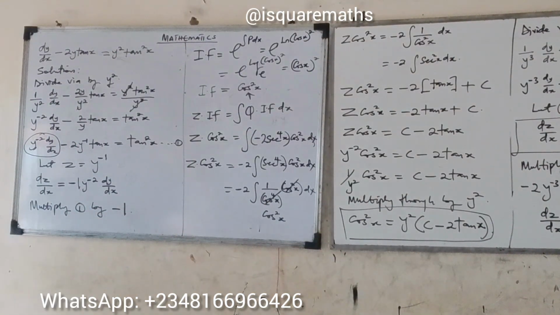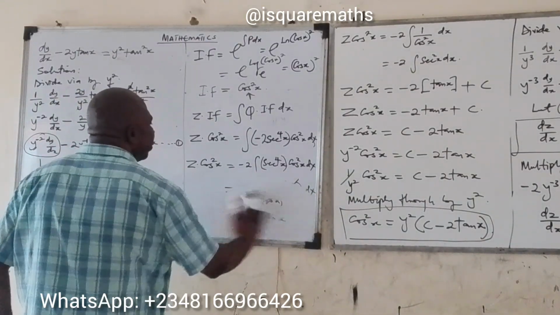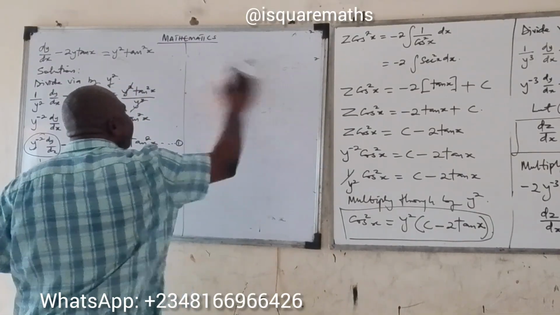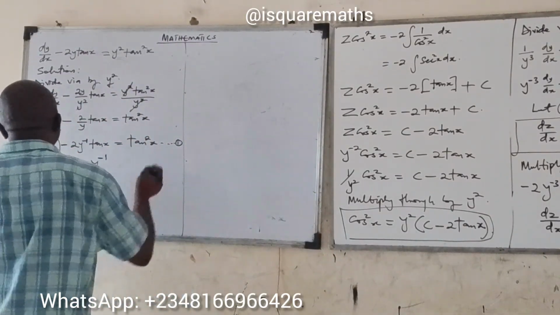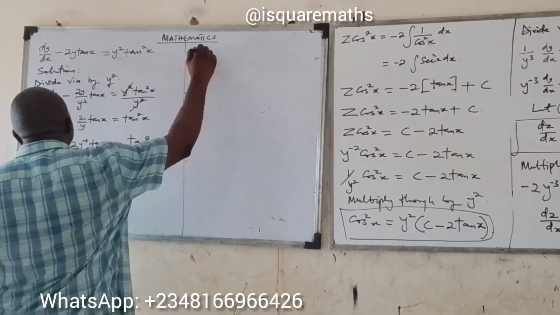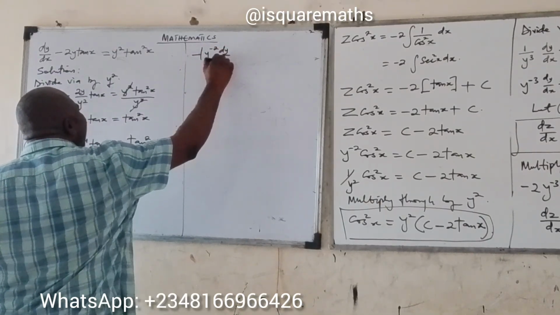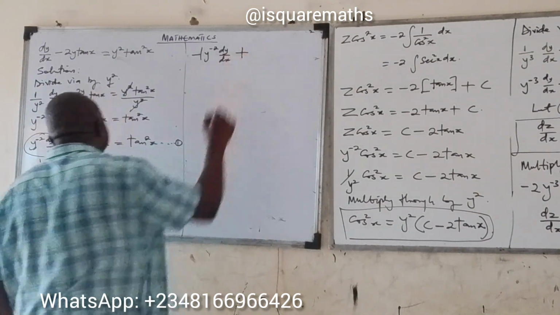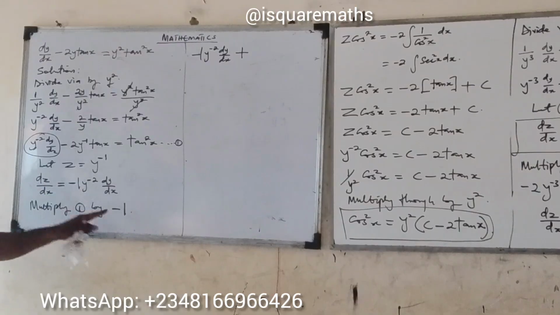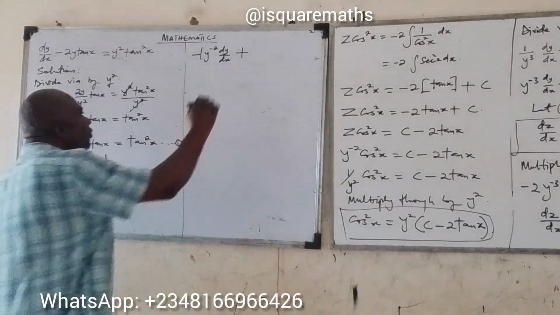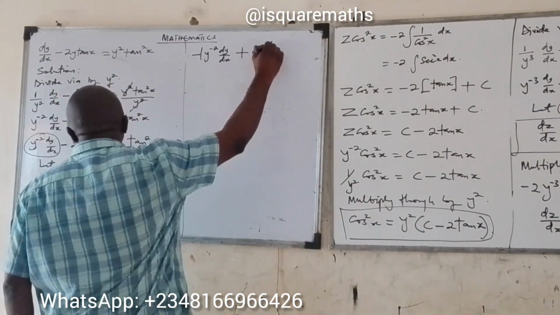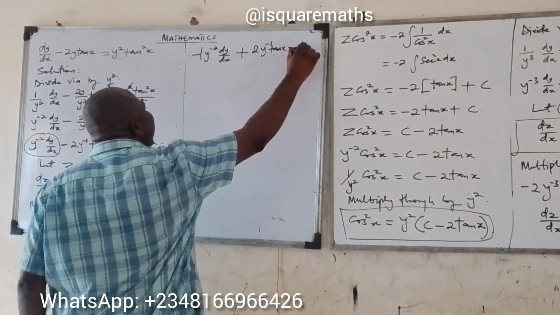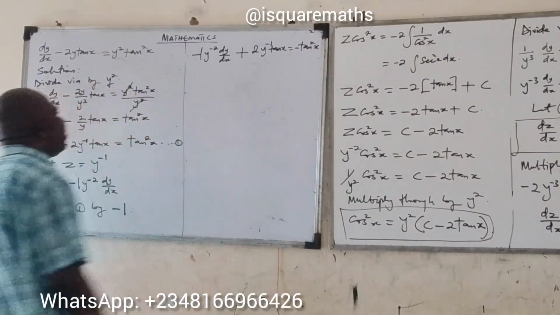Multiplying equation 1 by minus 1, we have minus 1 y raised to the power of minus 2 dy/dx. Remember we are multiplying through by minus 1, so if you multiply this minus by this minus, it will change to plus. So here we have 2 y raised to the power of minus 1 tan x is equal to minus tan squared x.